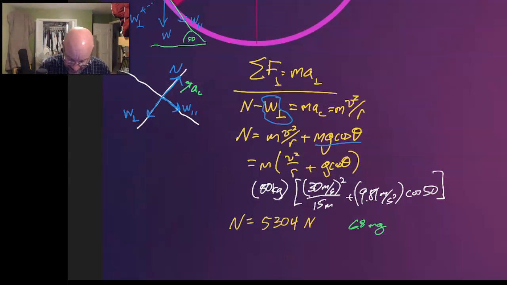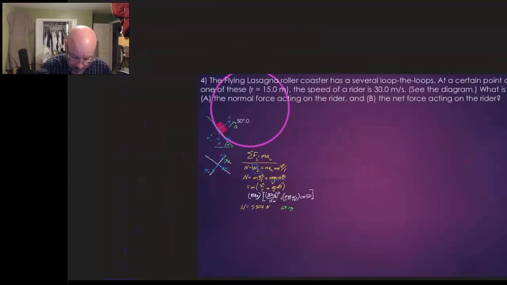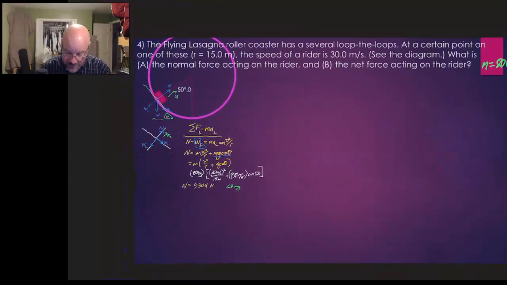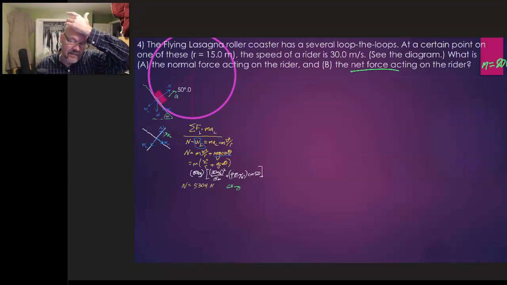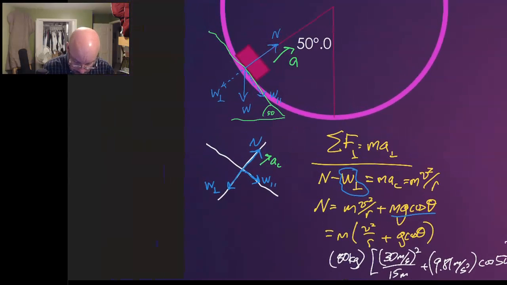Anyway, so that's the normal force. Now there is another part to this, which asks what's the net force. Okay, so this means the total force that's acting. So let's come back here, and realize that we're out of balance in this direction.